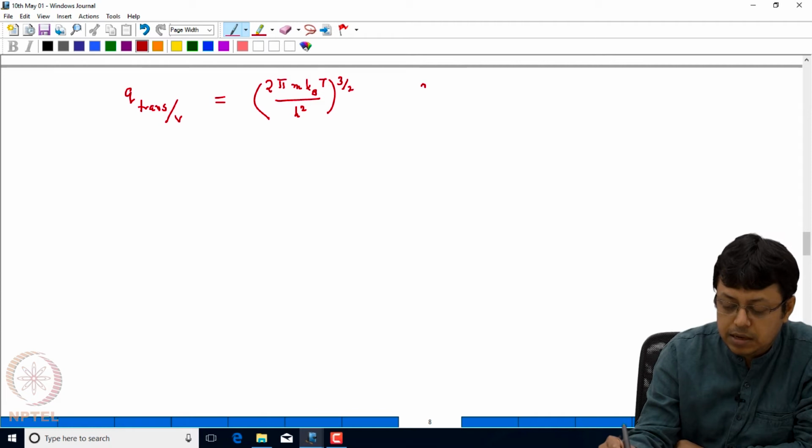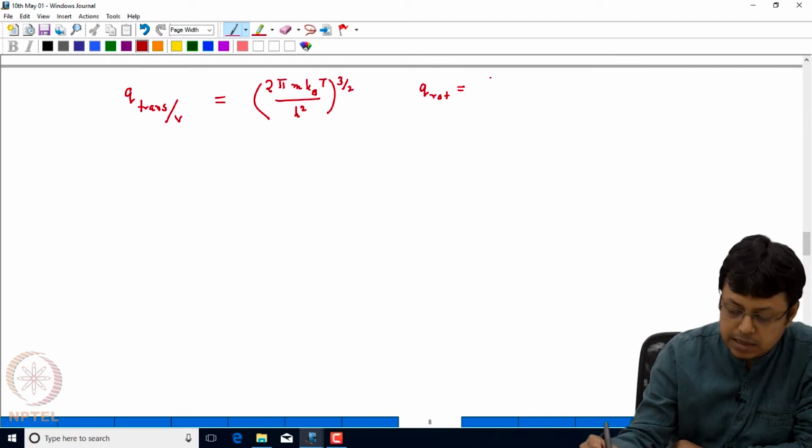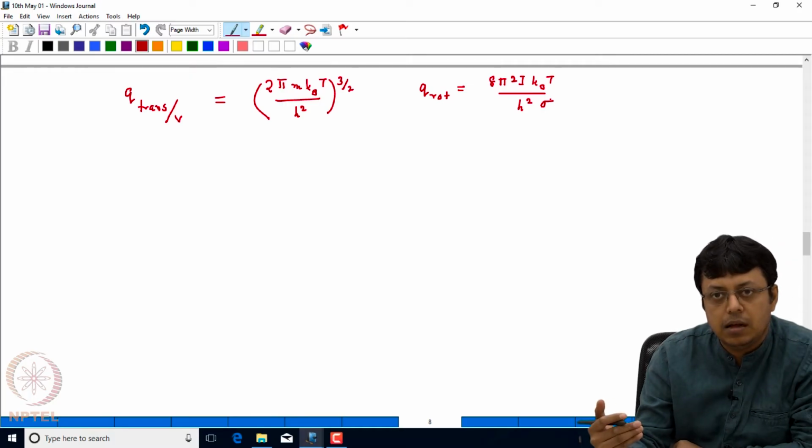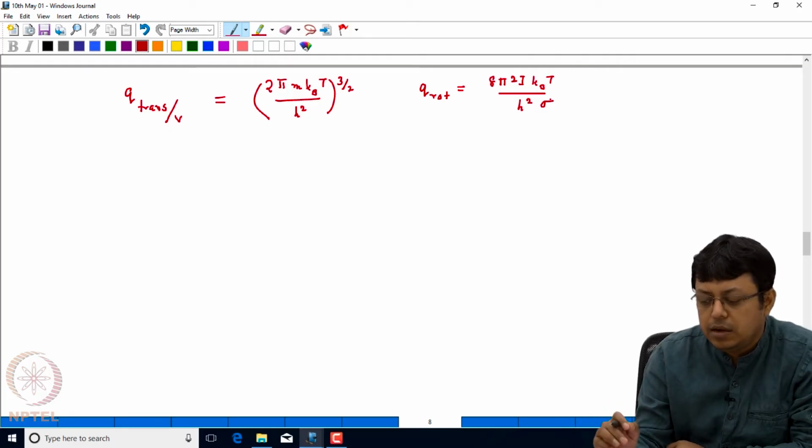And then similarly we have the rotational partition function, and that is 8 pi square I kBT divided by h square into sigma. Now sigma is basically the symmetry number. In this case, if we assume that A and B are different, then we don't need to consider any sigma here, but for a homonuclear diatomic molecule, for example, we have to choose sigma to be equal to 2.